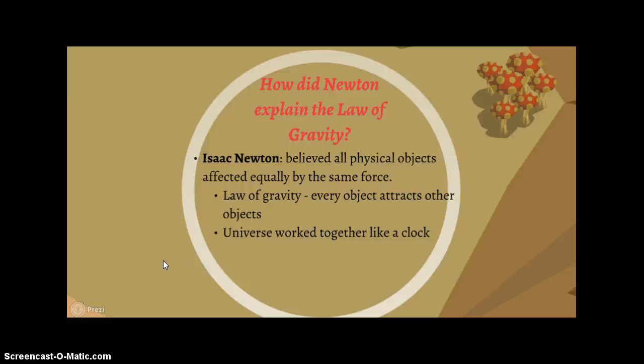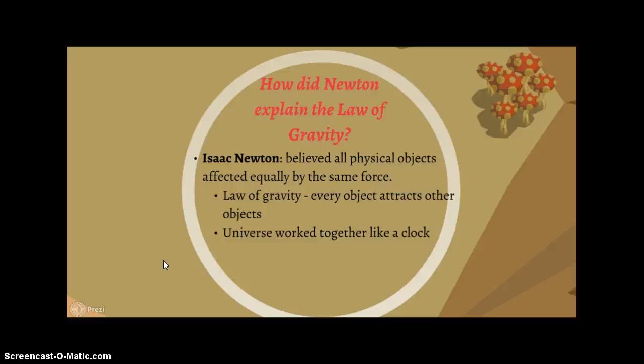Isaac Newton was an English scientist, and he helped bring together breakthroughs under a single theory of motion. He believed that all objects were affected equally by the same force. So to test that, he dropped two objects, one much heavier than the other, and found that they both had the same force on the way down.